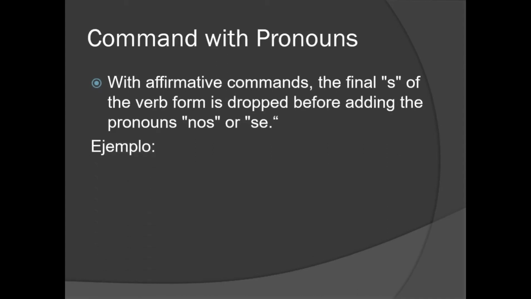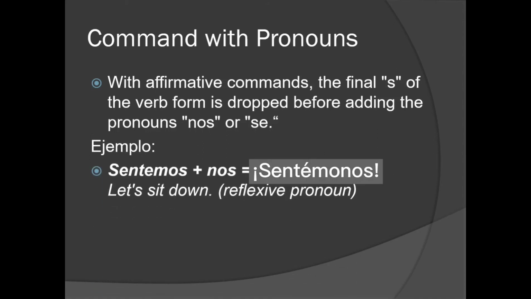For example, using the reflexive verb sentarse, so let's sit down, will be sentemos for the conjugation of sentar, and you have your reflexive pronoun nos, and before attaching your reflexive pronoun, you have to drop the final s from sentemos, and then it will now become sentémonos.